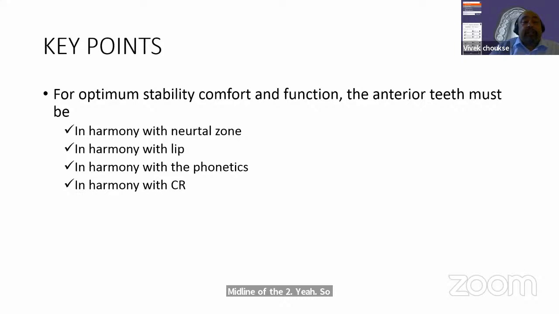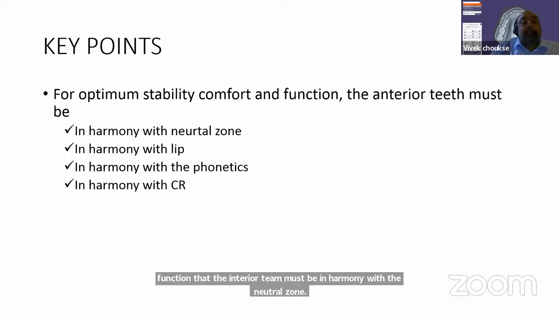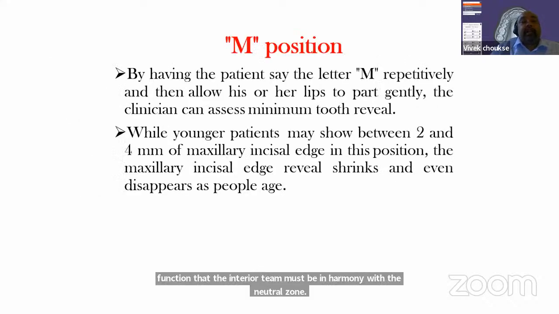The key points to remember for stability, comfort, and function are that the anterior teeth must be in harmony with the neutral zone, with the lips, with phonetics, and with centric relation.